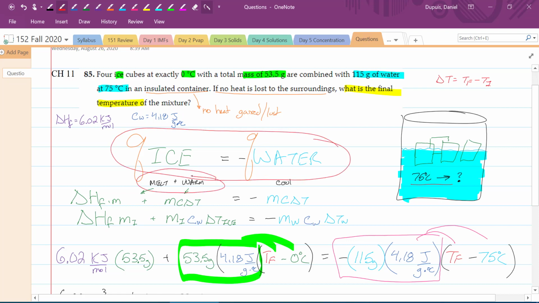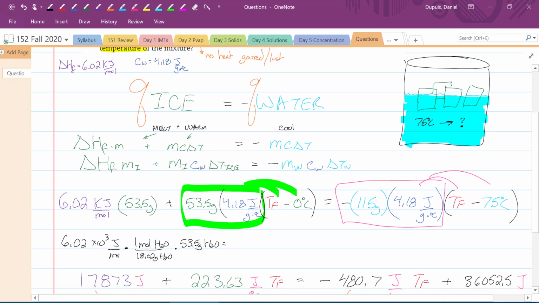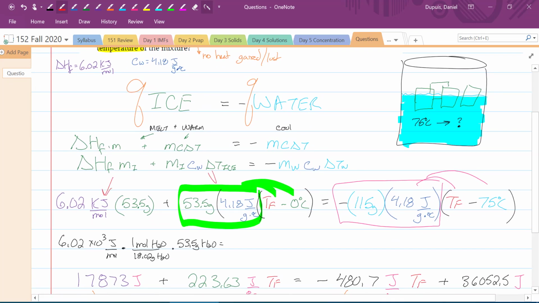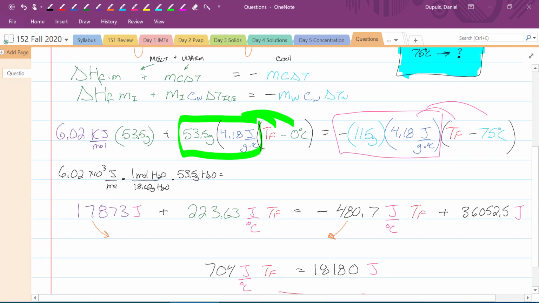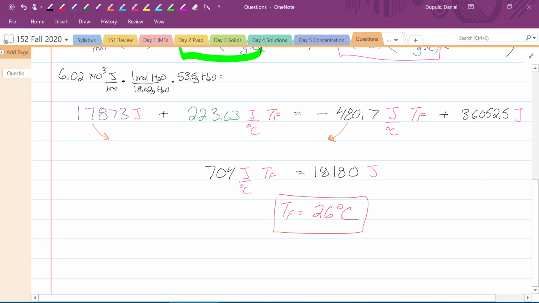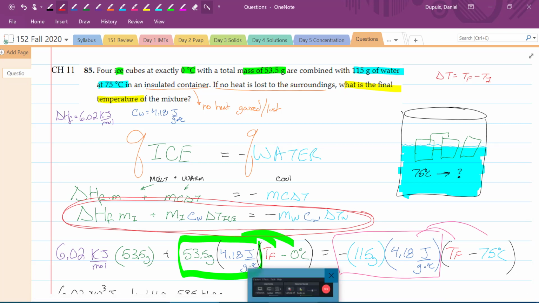We figured out what the ice was going to do, then what the water was going to do, and came up with the formulas of each. Then we plugged in our constants. We had to do a conversion, because your author loves making you do conversions for this Tro book. And we just did some algebra and got an answer. That's all it is. The hard part is right there. Once that's done, it's just an algebra problem. Hopefully that helps you guys for Chapter 11, number 85.